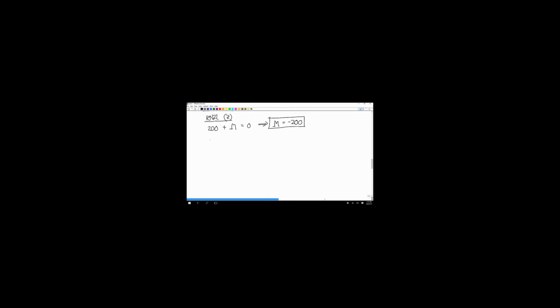Okay, so now we have to use these one by one, calculate the stress tensor due to the tension. So let's do that first. Well, we're just going to have an x normal stress, and that's equal to the internal tension at each point divided by the cross-sectional area.